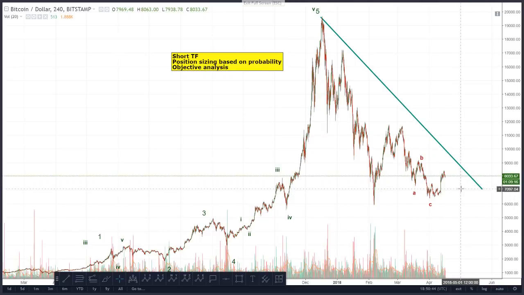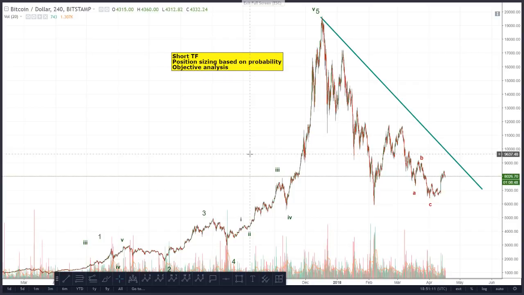It could go up, could go down, and I discussed the possible bullish argument in my last video, and that's why I'm going to discuss position sizing based on how sure you are of the price direction. On top of that, I'm just going to touch on objective analysis as well. That's basically technical analysis that isn't biased in any way.